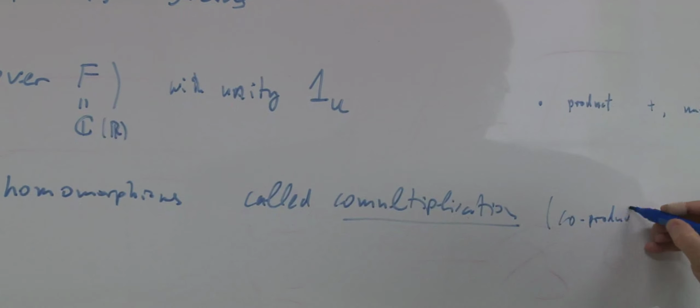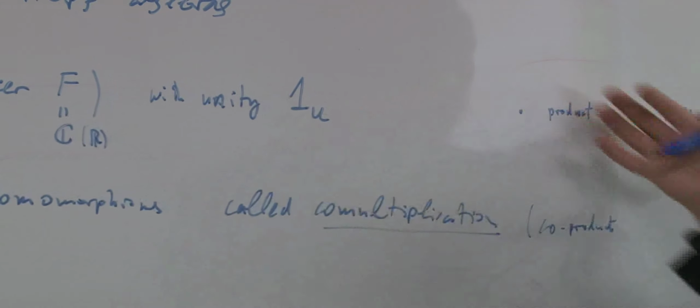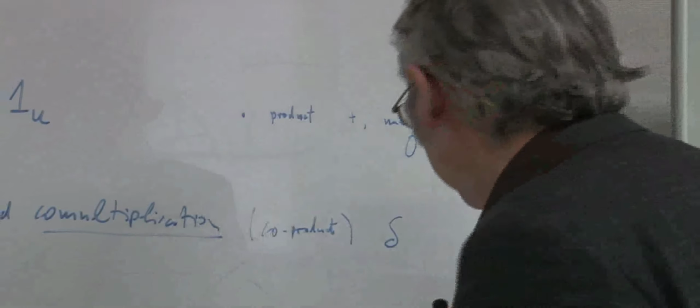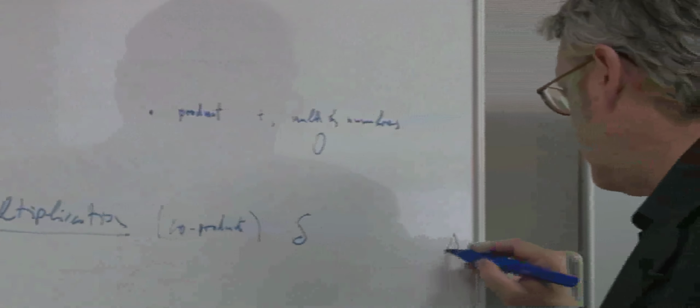Like here we say multiplication and we say product. I denote this by delta, small delta, although sometimes in the literature it's called big delta, because I'm using in my lectures the big delta for other purposes.